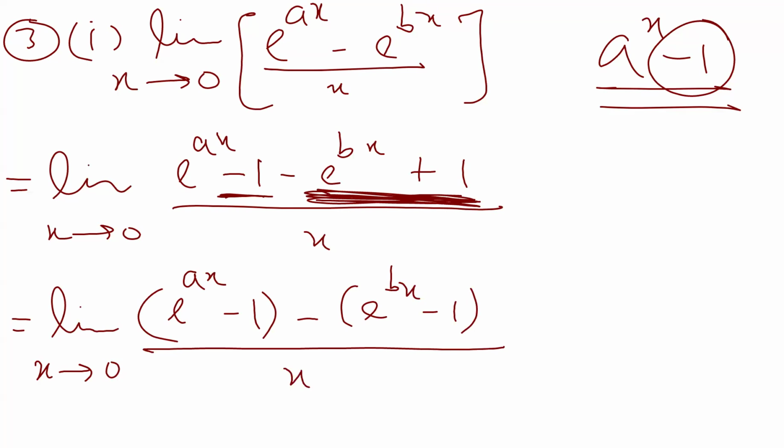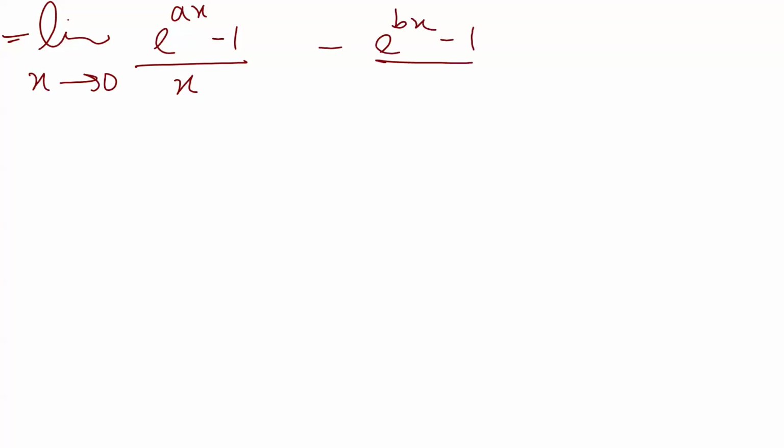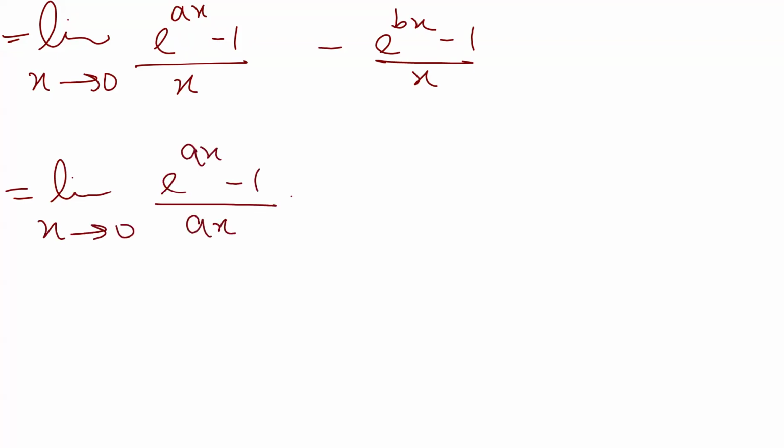Now in the next step, I am going to split limit x approaching 0, e raised to ax minus 1 upon x, e raised to bx minus 1 upon x. Divide and multiply with a because this is ax, so down also we require ax. Here it is b, so down also we require b. x is already there.